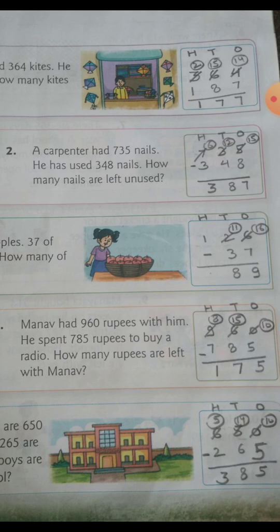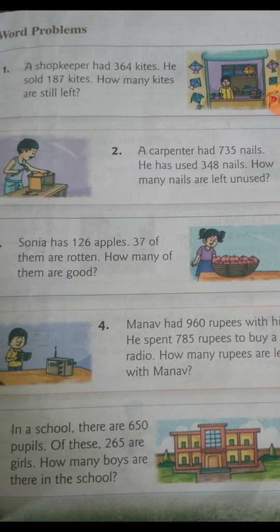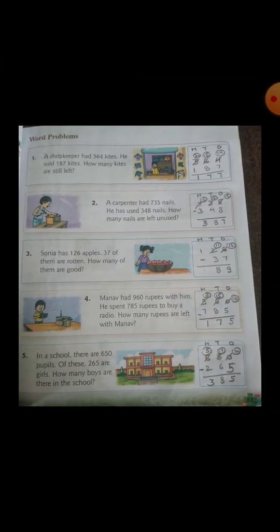So when you take carry from 3, this 5 will become 15 and then you will subtract 8 from 15. When you subtract 8 from 15, you get 7 and this 3 will become 2. Now you have to reduce 1 from 2. When you reduce 1 from 2, you get 177. So 177 kites are the answer.